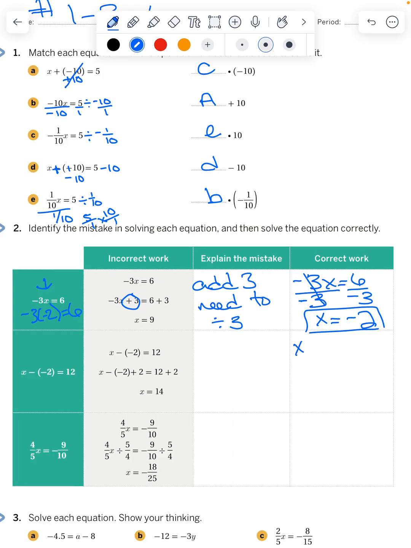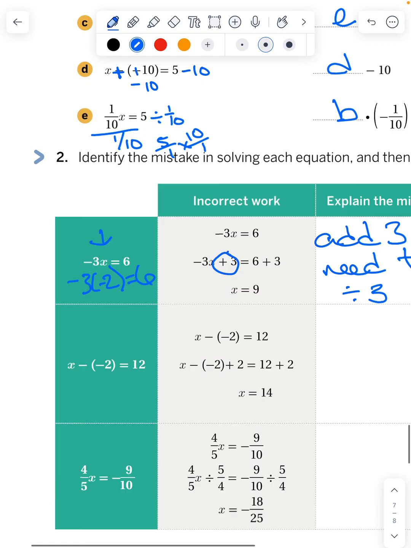Okay, let's look at that next one. I have x minus a negative 2 is 12. I'm going to go ahead and turn those double negatives into a positive. I know I need to subtract 2 from both sides because 2 minus 2 is 0. I've got that x by itself. So x is 10. If I plug 10 in for this x, is that 12?